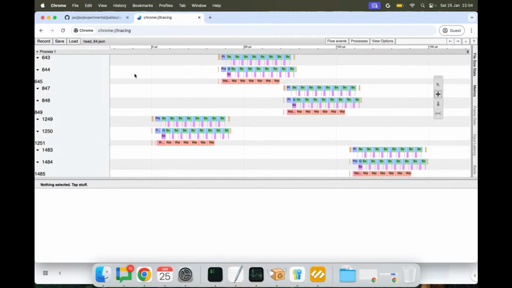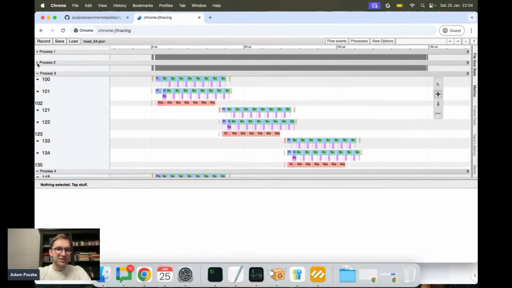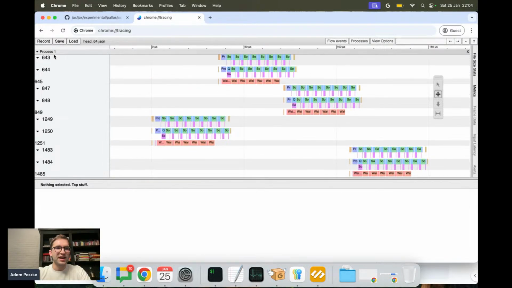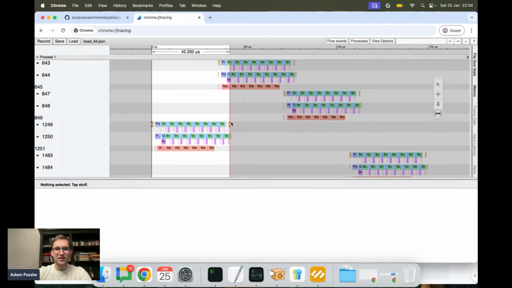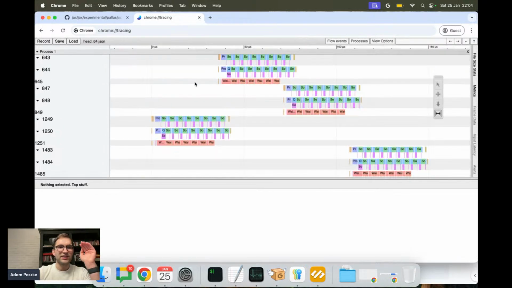Now, how to interpret this? Each process here, you can see there will be multiple processes. The way it's implemented is every process is a single SM on a GPU. Each line here, or each thread in this simulation, is actually a single warp group.